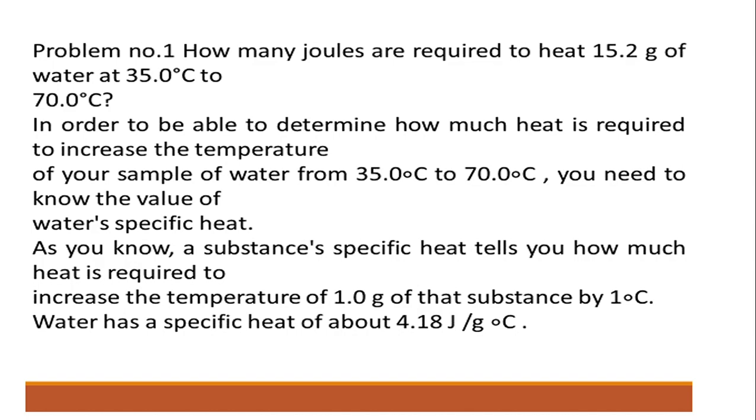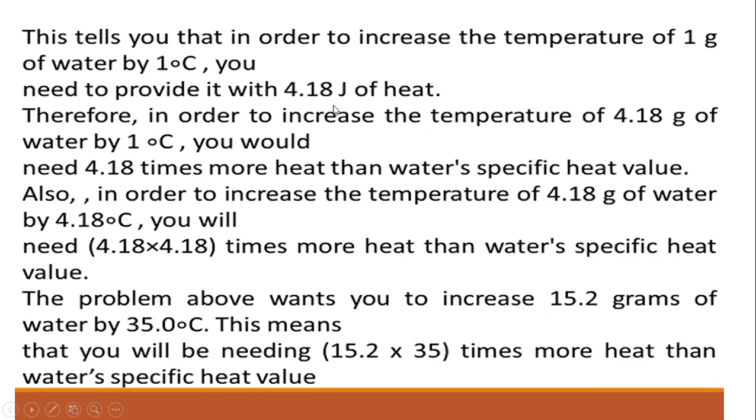Water has a specific heat of about 4.18 joules per gram per degree Celsius. This tells you that in order to increase the temperature of 1 gram of water by 1 degree Celsius, you need to provide it with 4.18 joules of heat.